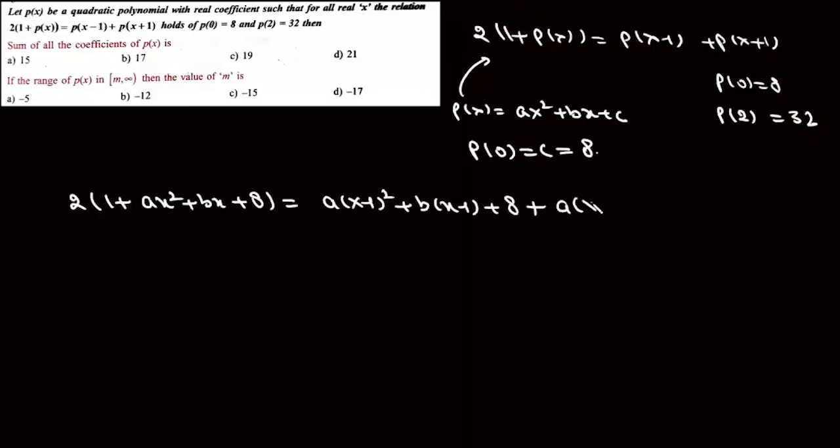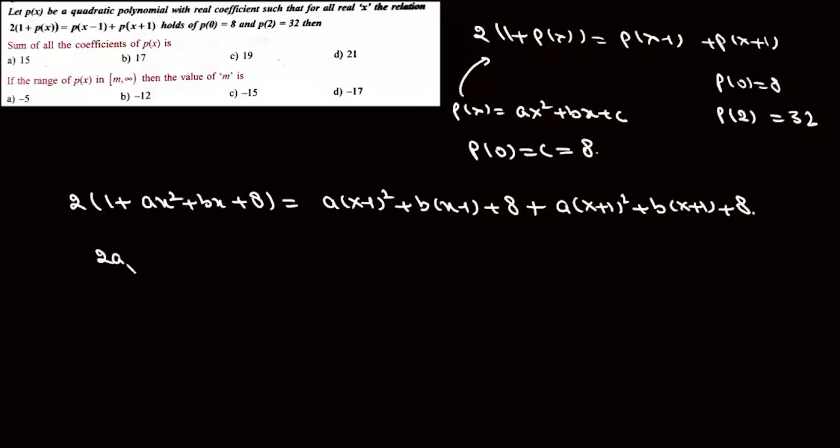Now we'll replace it in this first equation. We can write 2 into 1 plus ax square plus bx plus 8 will be equal to a(x minus 1) square plus b(x minus 1) plus 8 plus a(x plus 1) square plus b(x plus 1) plus 8.